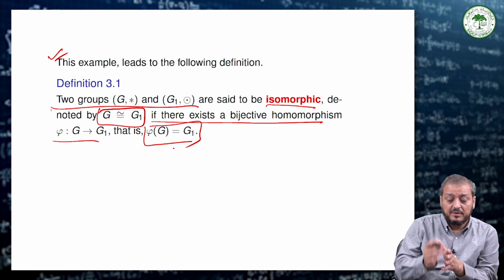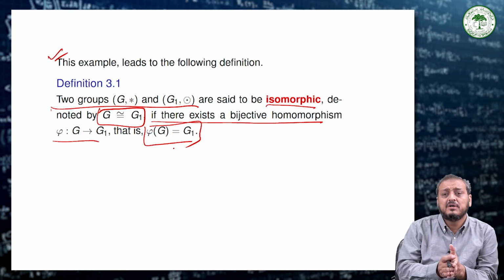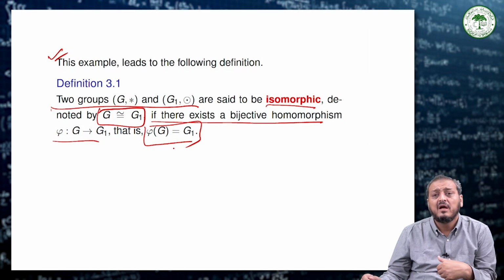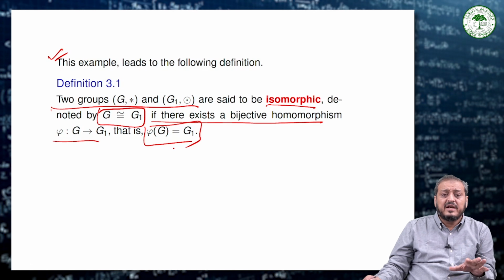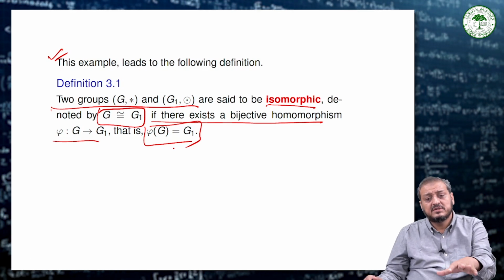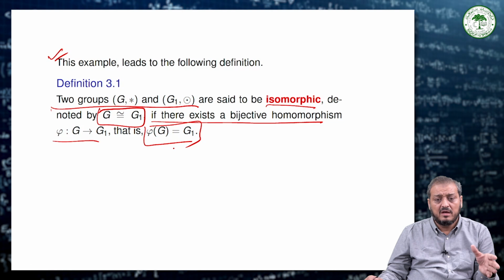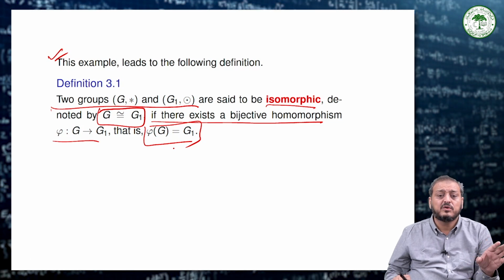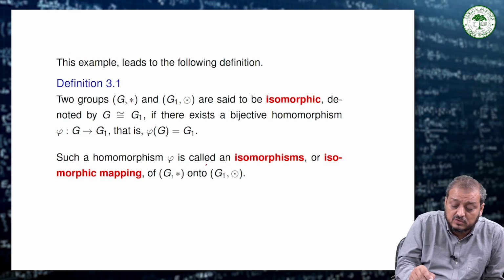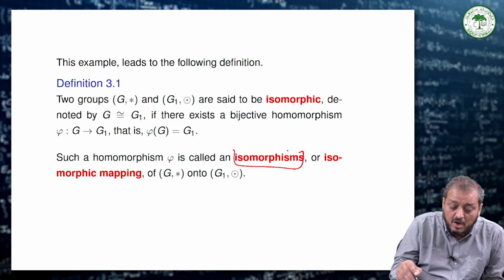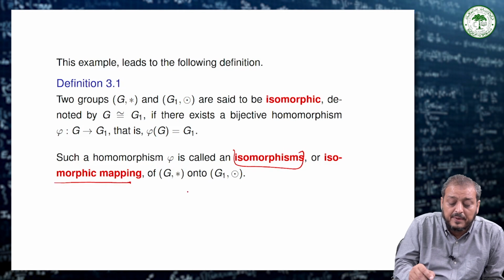That is, if we operate phi on G, then that gives exactly G1, then we say that these two groups are isomorphic to each other. Such a homomorphism phi is called an isomorphism or isomorphic mapping.